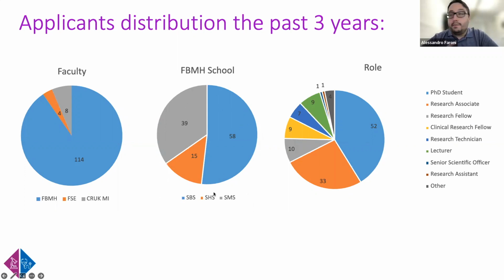We do have fewer applicants from SHS, which is where the main expertise in informatics and biostatistics sits. And in terms of role, we have a variety of participants from PhD students all the way through professor, but the majority of people are either PhD students, research associates, or research fellows, including clinical research fellows.